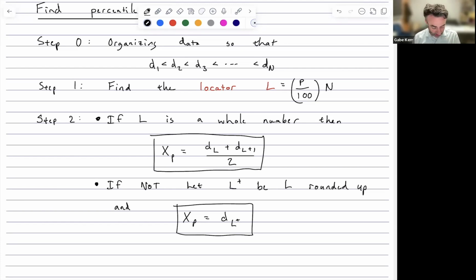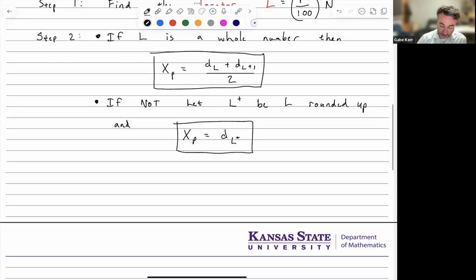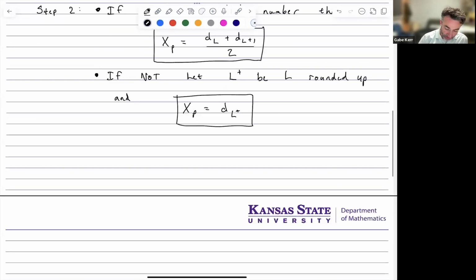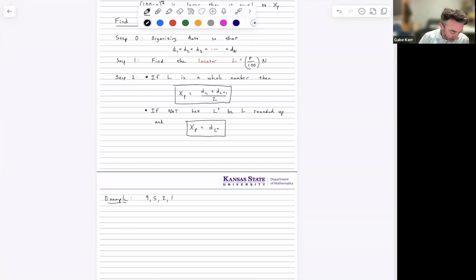If this process looks a little daunting, let's give an example and see if we can't go ahead and compute. Again, this is in the book, so please reference the book if you can. I'll make this screen so everything's in front of us, and we'll write down an example. All right. So I'm going to write down some numbers: 9, 5, 2, 1, 11, 7, 15, 12, 8, and 10.